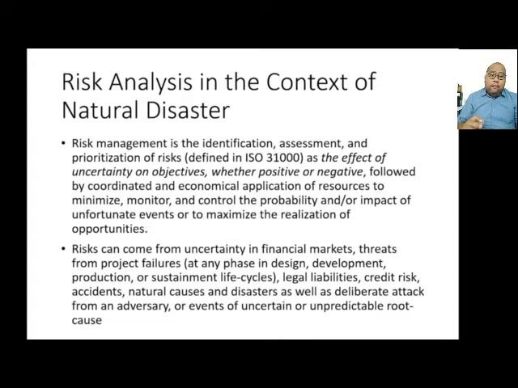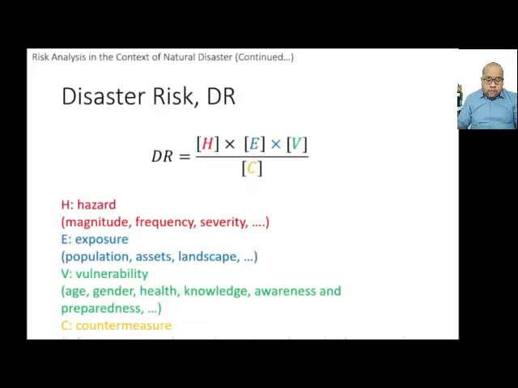So risk can occur, okay, and also come from a lot of factors, for example financial markets, threats from project failure, legal liabilities, etc. So there are many factors that can influence the risk.